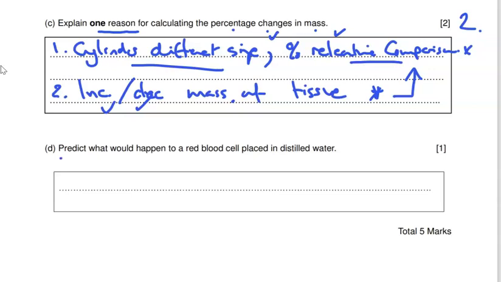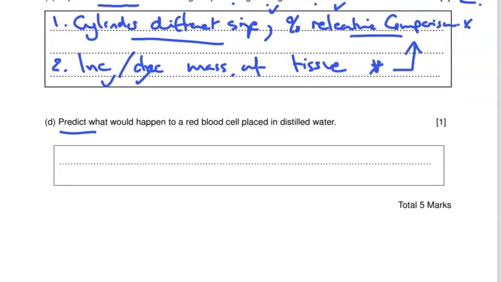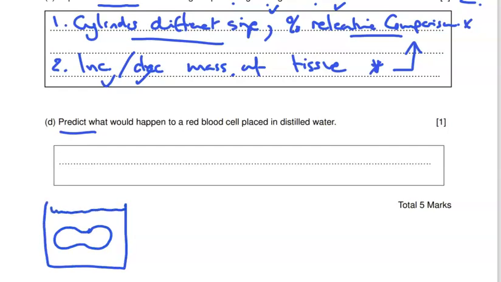And then finally, we're being asked to predict what would happen to a red blood cell placed in distilled water. So I think it's always useful in an exam like this. There's space here that you can use, which is not a problem, and to draw yourself a diagram to allow you to create a kind of context in your mind of the idea that this red blood cell is sitting in distilled water.